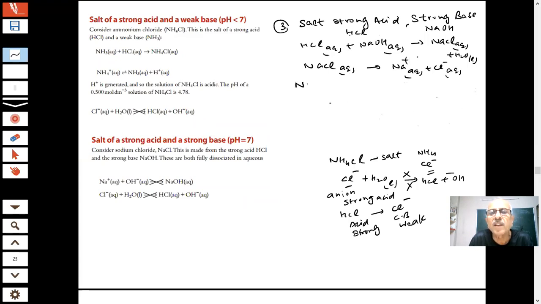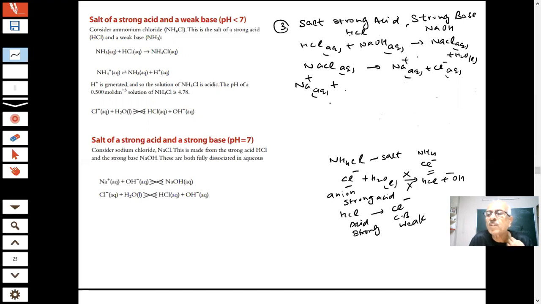If I take Na plus aqueous, this is coming from a strong base. The cation of the base. This is coming from a strong base, which is NaOH.